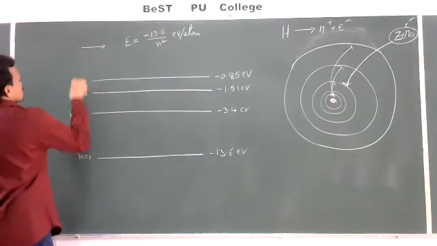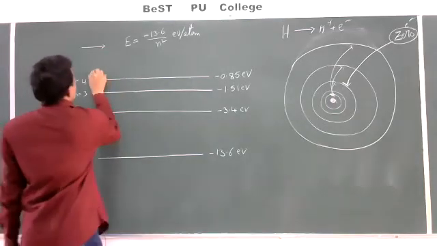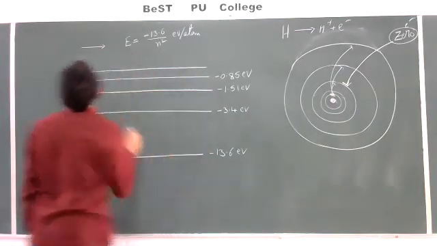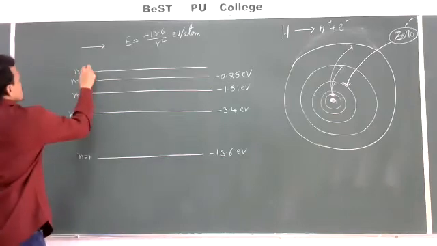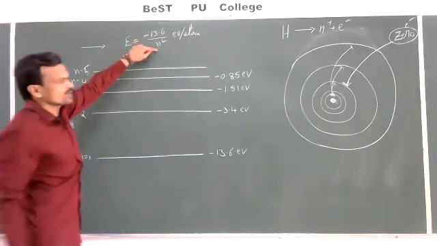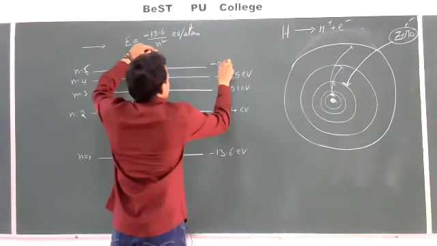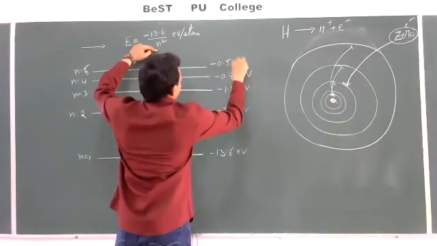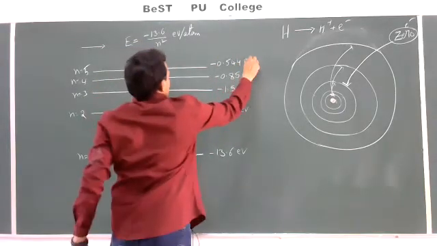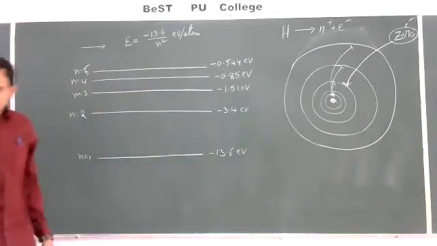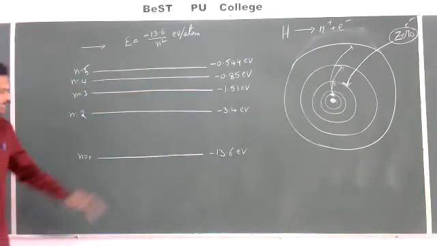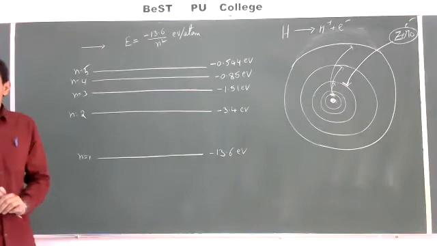And substituting n equal to 5, how much do you get? Minus 0.544 electron volts. So these are the energies of various orbits.